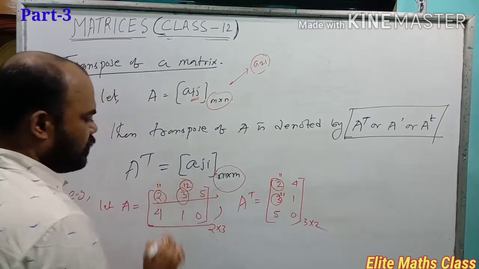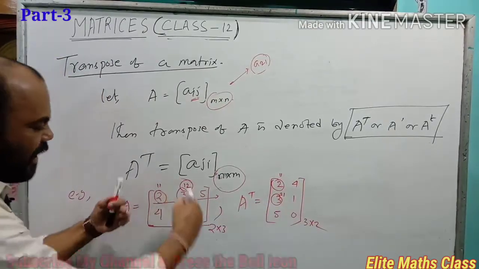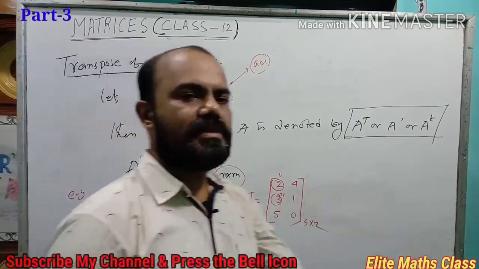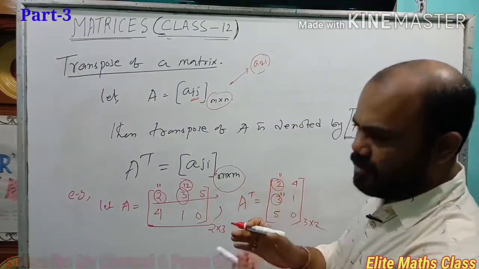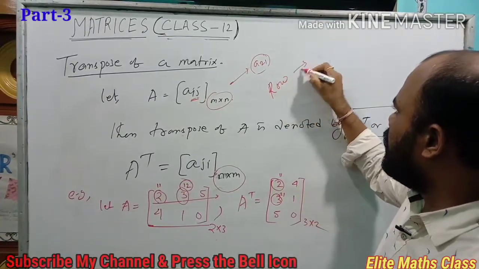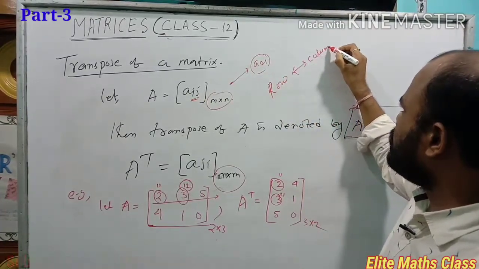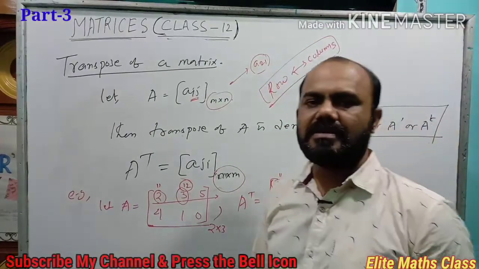That is, at 1 2 position it is now at 2 1 position. Every element interchanges its position accordingly. All rows change to columns. So the simple thing is rows and columns are interchanged, then you will get the transposed matrix.